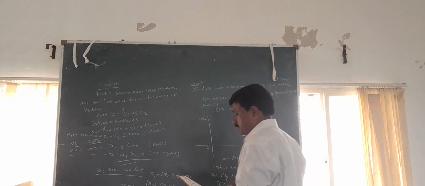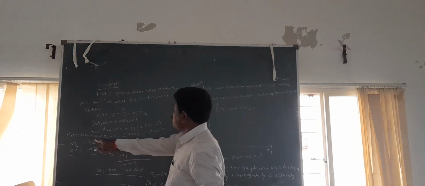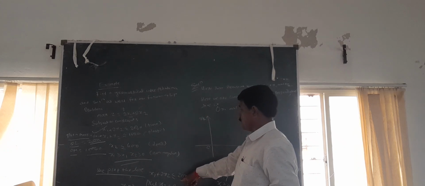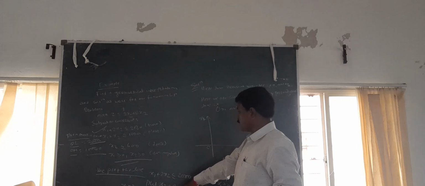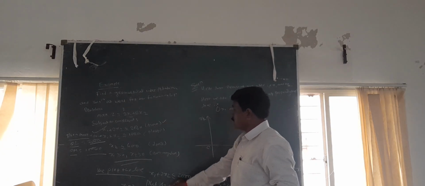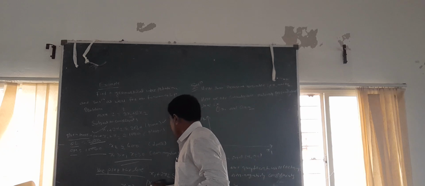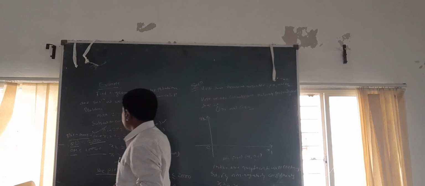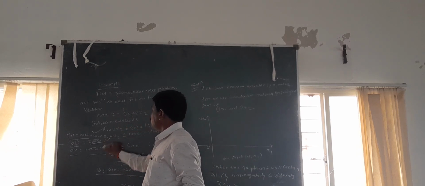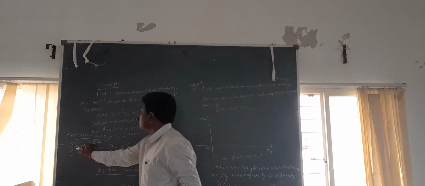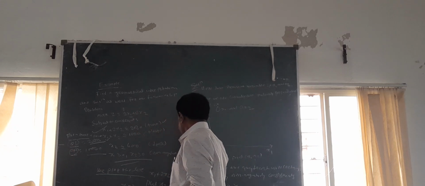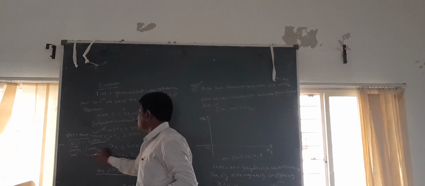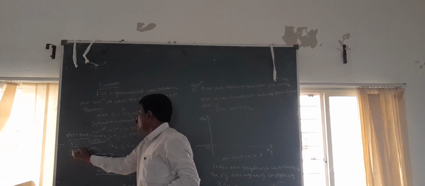Then we mark these points on the perpendicular lines: x1 equal to 2000 and the next point x2 equal to 1000, and we have this line OM.